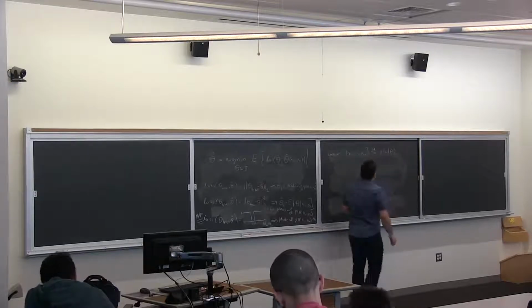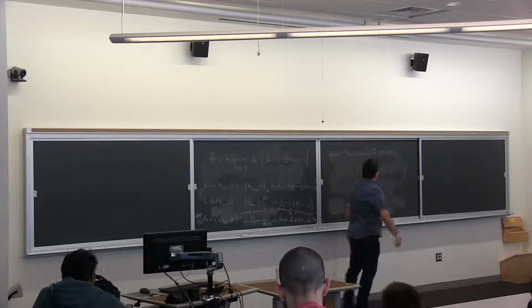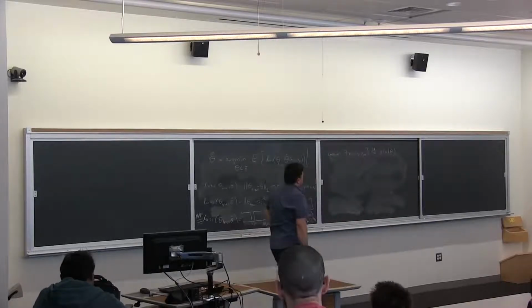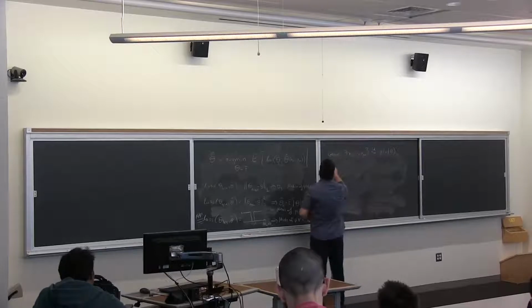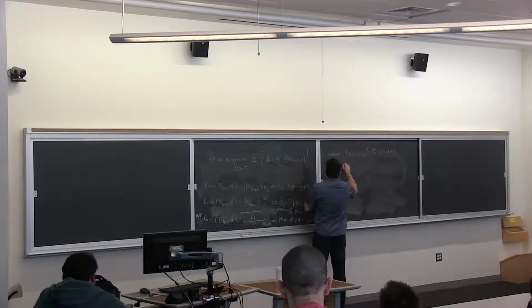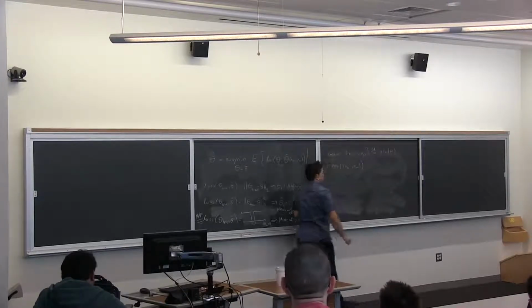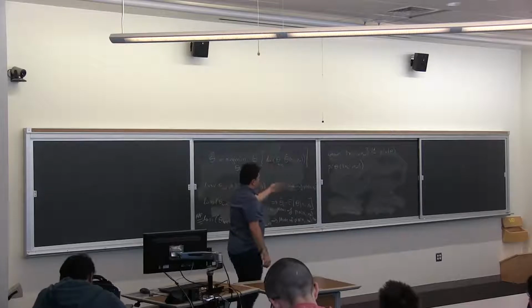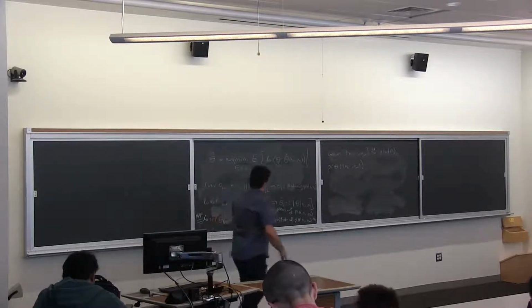For example, this could be a Gaussian with some mean and covariance that need to be estimated. So how do I obtain P of theta given my data set? That's my posterior likelihood of a parameter value theta after I have observed all these values.